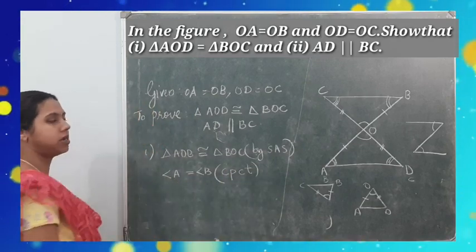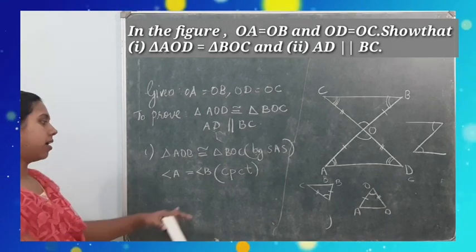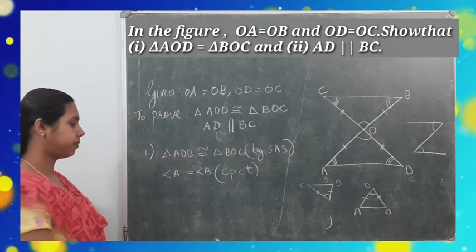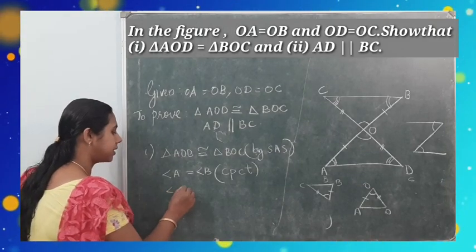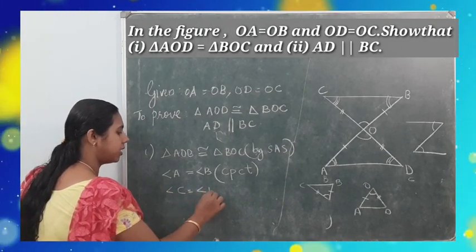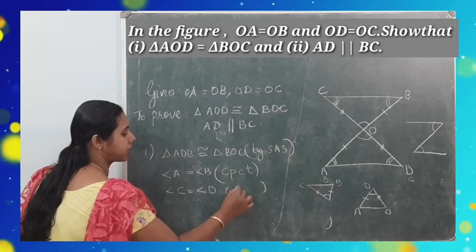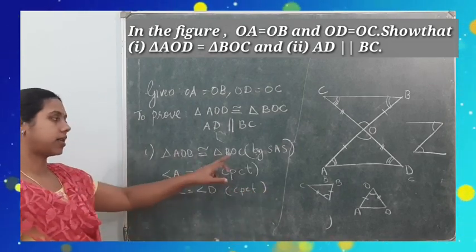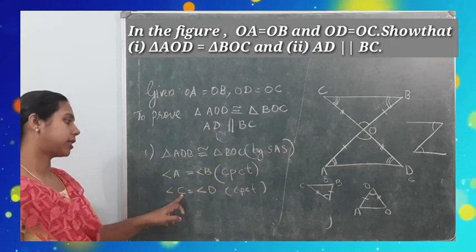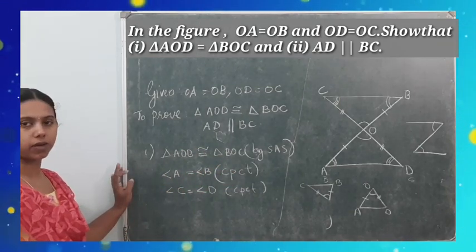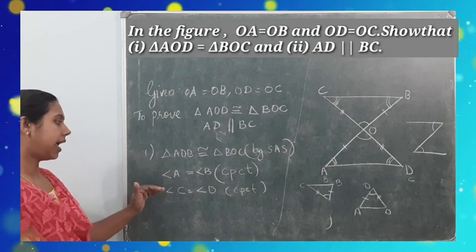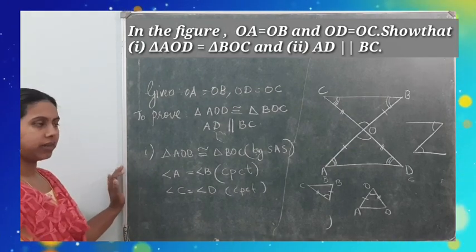Angle C is equal to angle D, same reason. If these two triangles are congruent, then their corresponding parts are equal. So we got angle A equal to angle B.